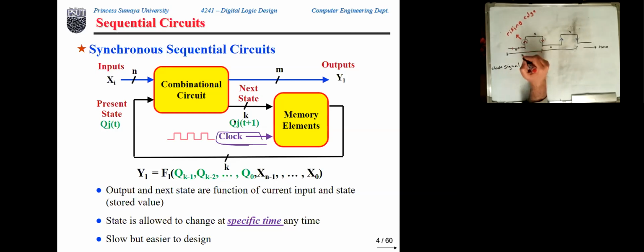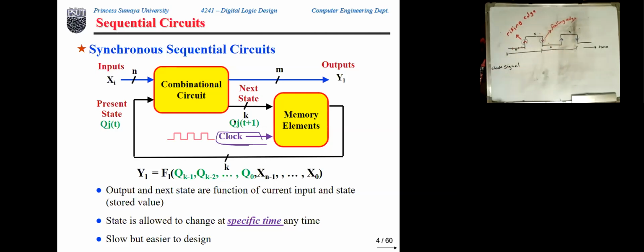Or we can design our storage such that whenever we see this event, which is a transition from high to low, from 1 to 0, called the falling edge, then the storage element is enabled or activated to store the new value.